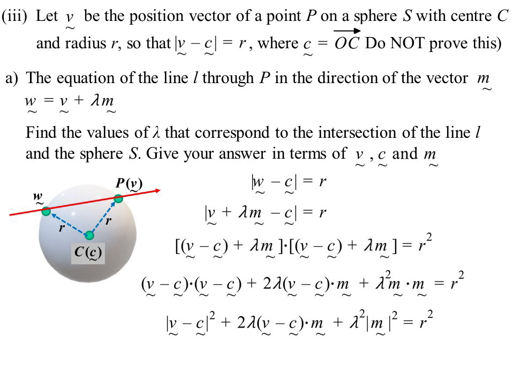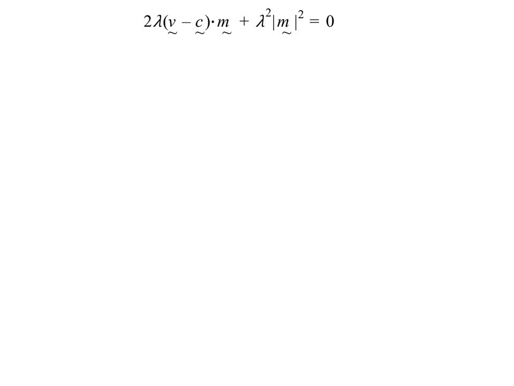I'm getting closer because I know that the magnitude of V minus C squared is the radius squared. But it equals the radius squared on the other side of the equation, so now the R squareds disappear, and I'm left with something with V, C, and M. There we go.